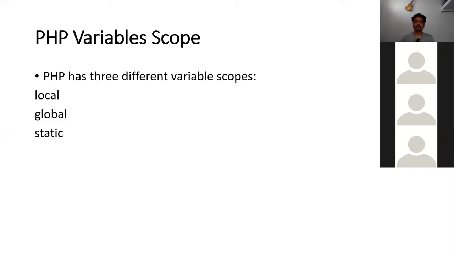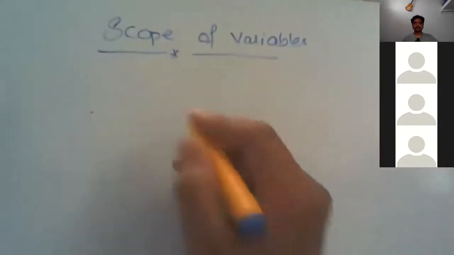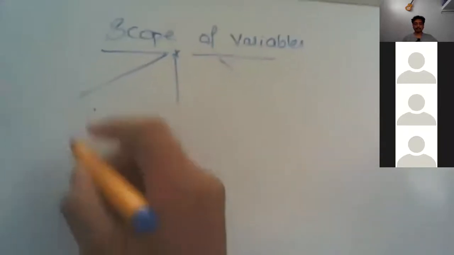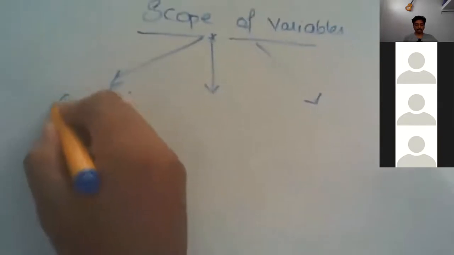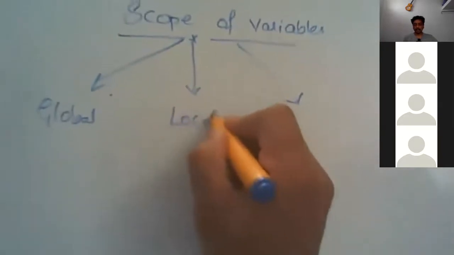Before that, let's see how we are going to see the scope of a variable and what the 3 types are. When you see the scope of variables, they mainly have 3 categories: the global one, the local, and the static.